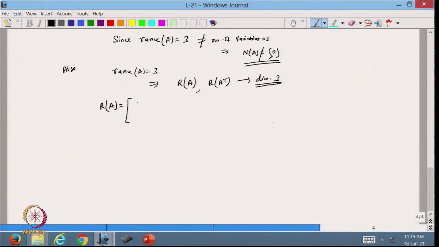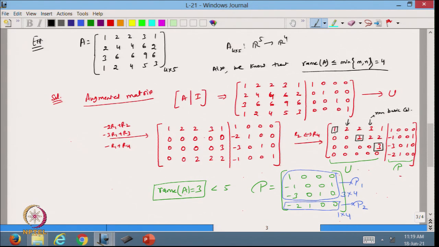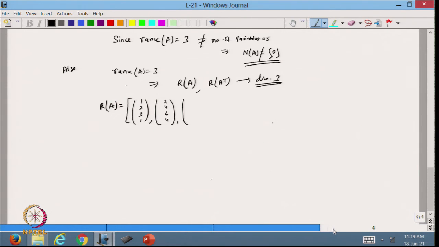The range space of A is made up of the basic columns. So, the basic columns are 1, 2, 3, 1, 2, 4, 6, 4, because I am taking first, third and fifth, 1, 2, 6, 3.